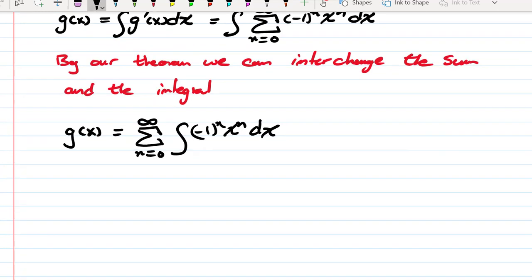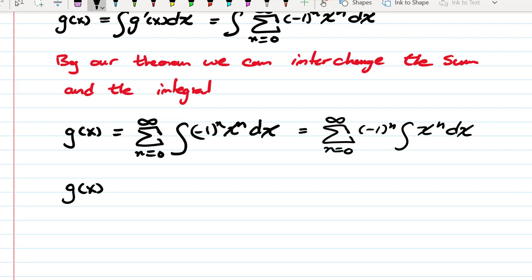Well, we're now integrating this with respect to x, so the negative 1 is a constant because it's indexed on n, not x, so that can actually come out of the integral as well. So then that's negative 1 to the n, the integral of x to the n dx. Well, what's the antiderivative of x to the n? Well, we add 1 to the exponent and divide by it, plus we get a constant of integration.